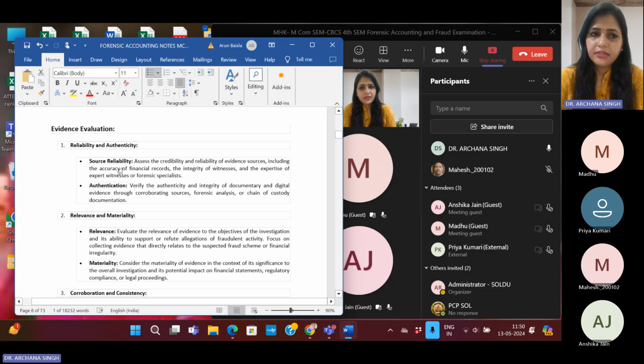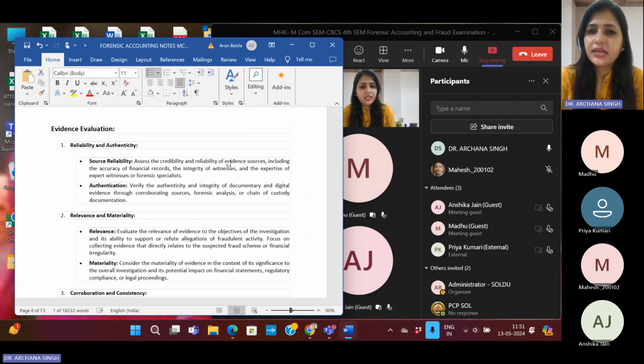Sources of reliability means assess the credibility and reliability of evidence sources, means कि जो भी sources in the form of evidence the auditor has collected, financial and forensic auditor has collected, that evidence की accuracy कि वो कितना सही है, कितना fair है, कितना सच है, they had to assess the accuracy of that financial record, then had to witness the integrity and expertise of expert witness or forensic specialist.